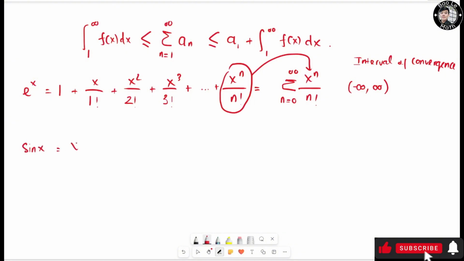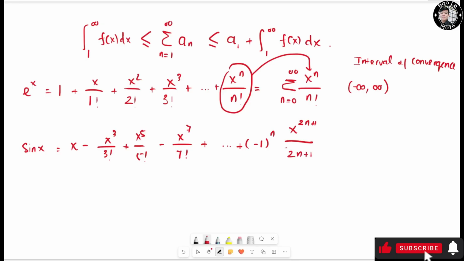It's going to be s minus s cubed over 3 factorial plus s to the 5th over 5 factorial minus s to the 7 over 7 factorial plus etc. plus negative 1 to the n times s to the 2n plus 1 over (2n plus 1) factorial.